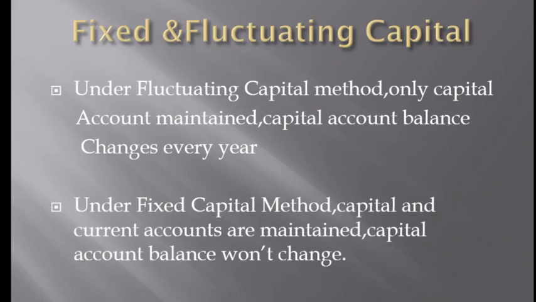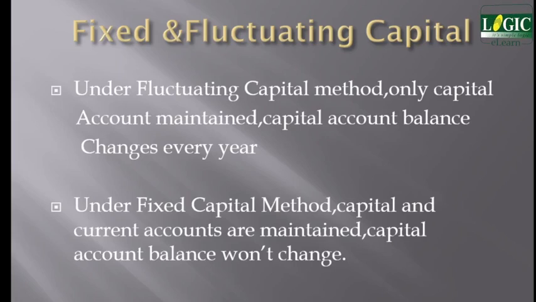But as the very name suggests, under fixed capital, the capital account balance should not change. Hence, we will be showing the capital balance alone in the capital account and the remaining things in the current account. So, this is the difference between fixed and fluctuating capital.